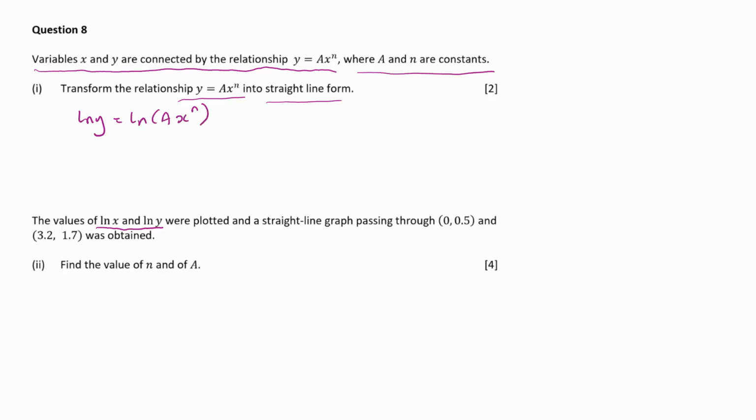ax to the n. Now we have the log law, of course, that log a plus log b is log ab, which I'm going to use in that direction to write log a plus ln x to the n.